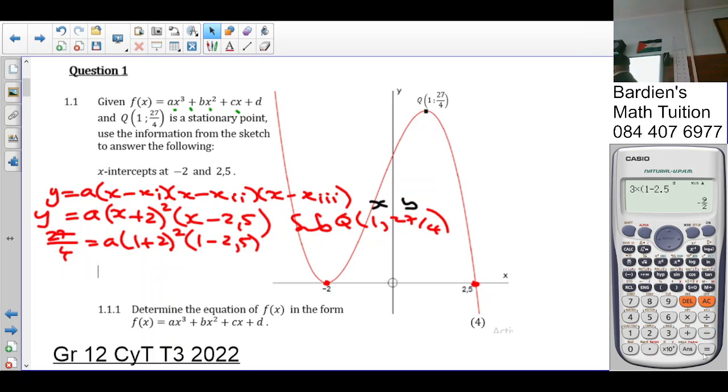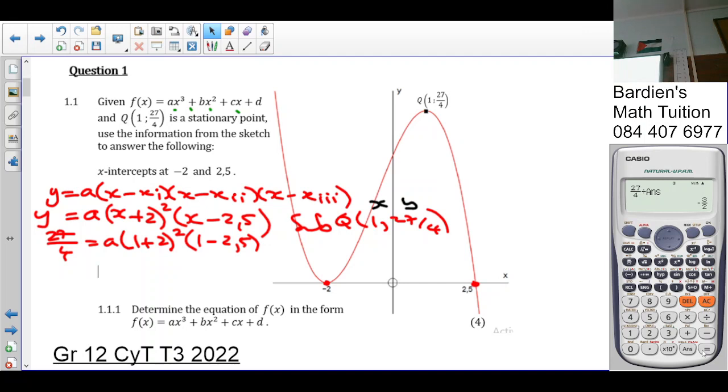Gives you negative 9/2. Okay? So that's negative 9/2 a is equal to 27/4. So it says 27/4 divided by that answer gives us negative 3/2.